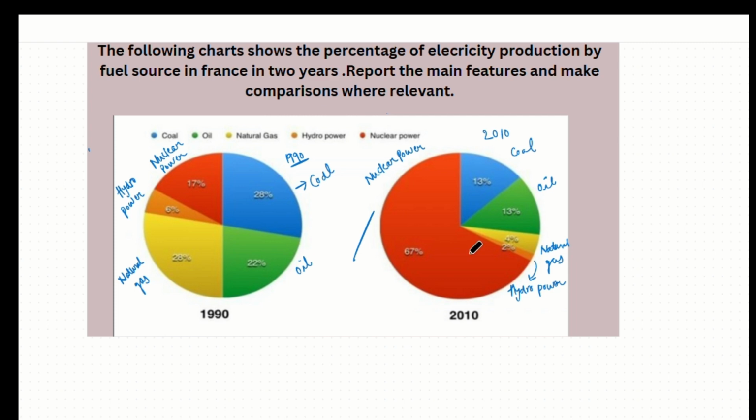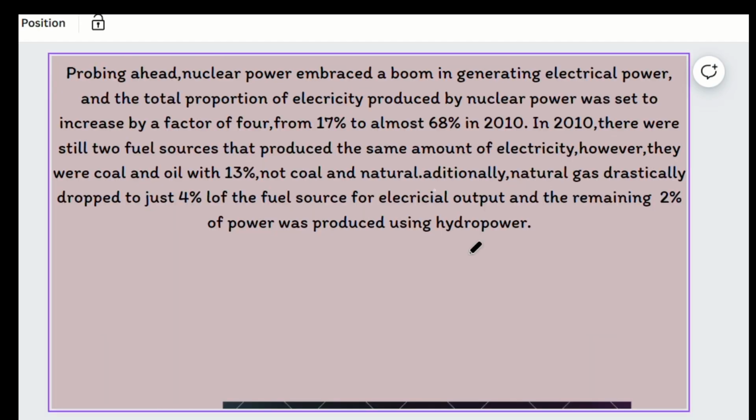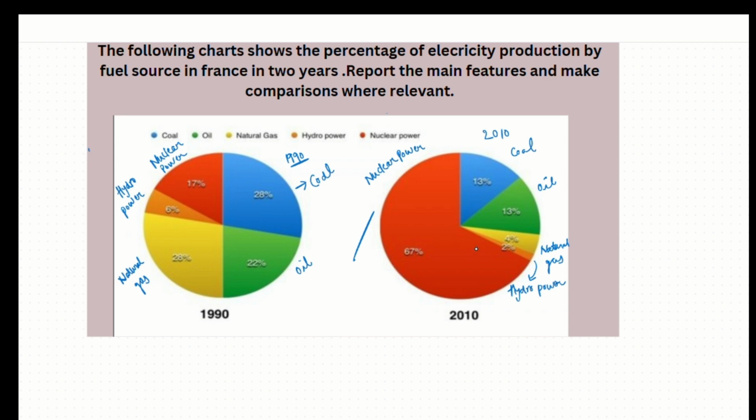So here we are discussing the next parts of the pie chart, that is coal, oil, natural gas and hydropower. Coal and oil are generating the same ratio, the same percentage, that is 13% and 13%. We discussed here that they are the same amount. And then there is natural gas.